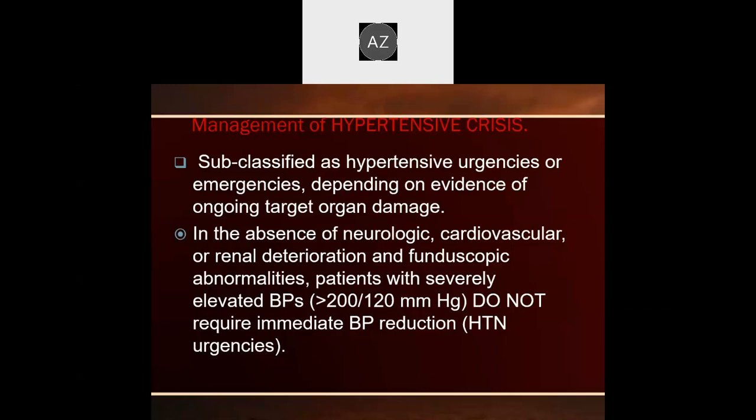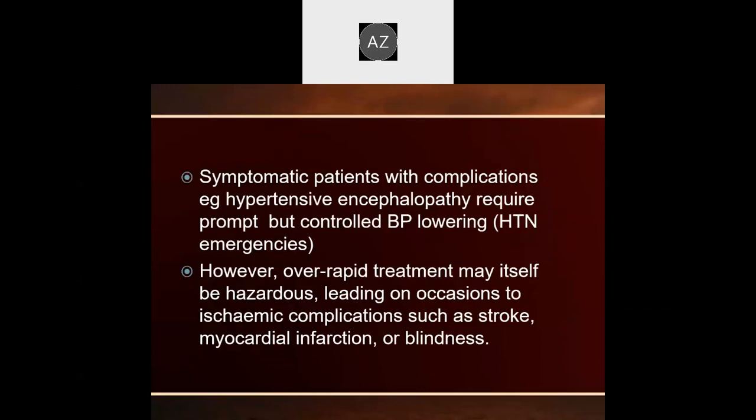So if you don't have evidence of neurological effect, cardiovascular effect, renal deterioration, or retinopathy, you do not need to rush a lot. You just need to lower your blood pressure slowly while monitoring your patient. But with an emergency, you have target organ failure. You need to bring the hypertension very quickly into control.